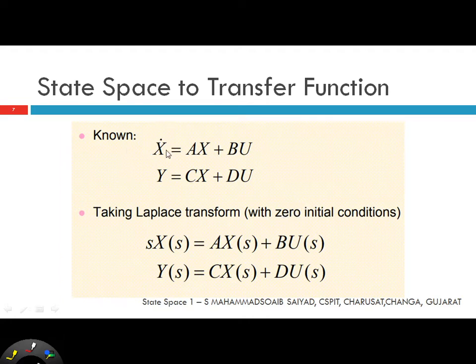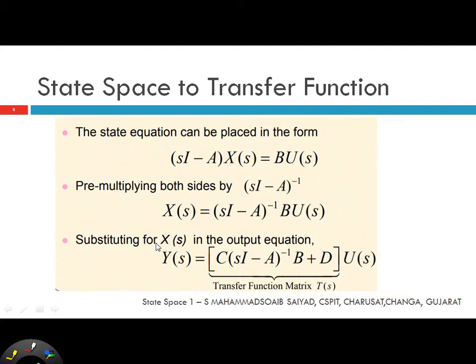Taking the Laplace transformation of the first equation, it would be s into X(s) minus x(0), but since the initial condition is 0, the x(0) term will not be there. So sX(s) is equal to A into X(s) plus B into U(s), and Y(s) is equal to C into X(s) plus D into U(s). We have just taken the Laplace transformation; because of the derivative term, this s is present over here.